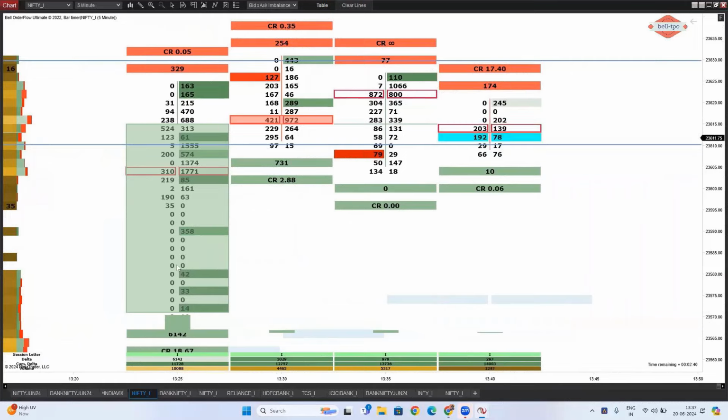Look at this particular bar. We are seeing some absorption as well, like 1066, 872 on both the sides. Kind of absorption. Absorption and price breaking down is good. That means some smart money had entered around that level.